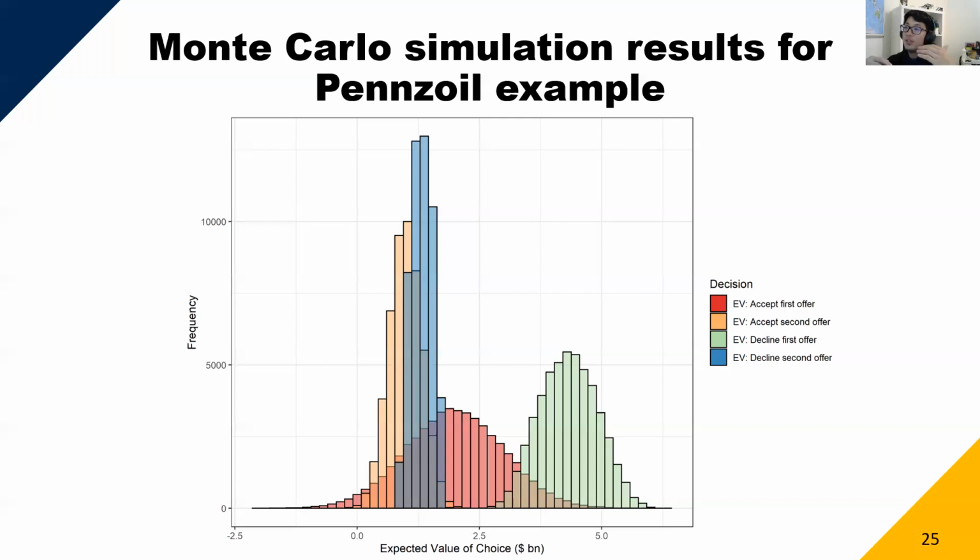If they were completely separate, then there's no combination of values based off of our input distributions where one decision wouldn't be better; all combinations of values would indicate that it is always better to do one versus the other. In this case, that's not necessarily true because they overlap. Same thing with the blue and the orange, because there's some overlap.